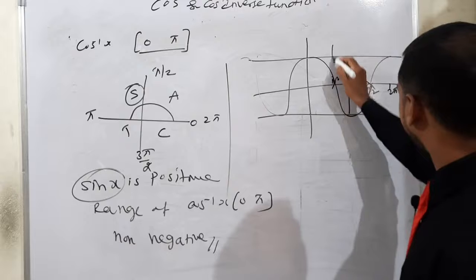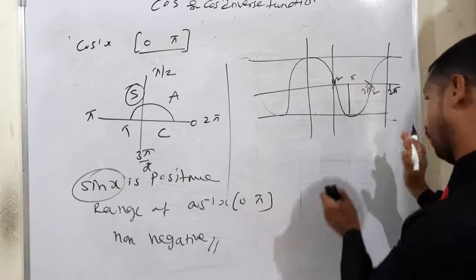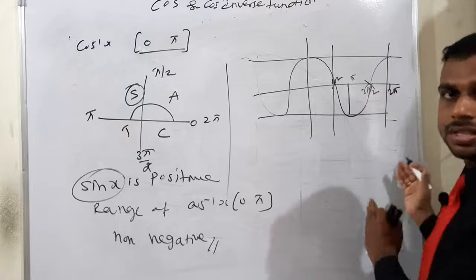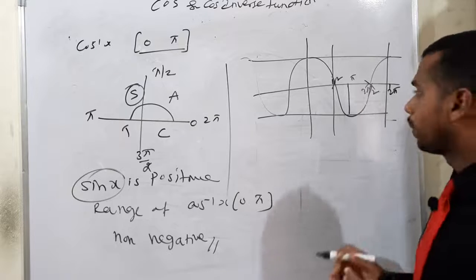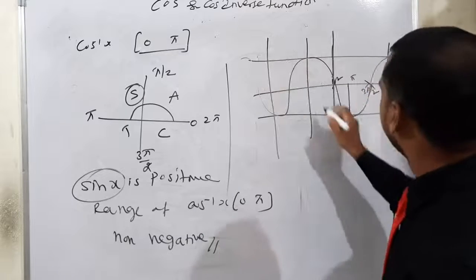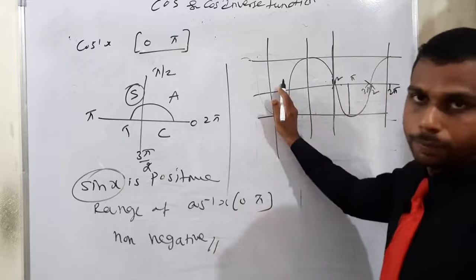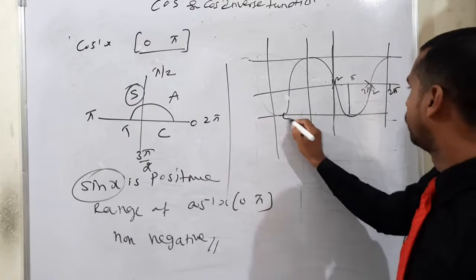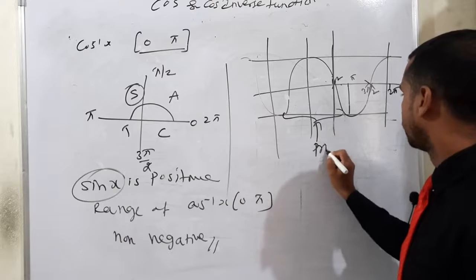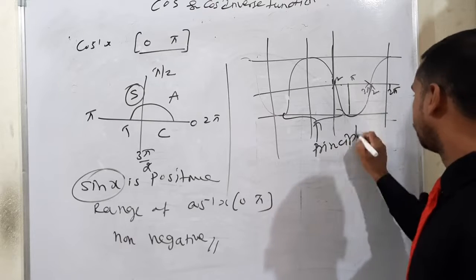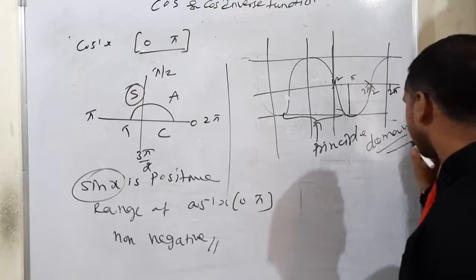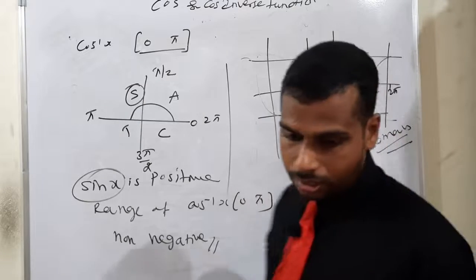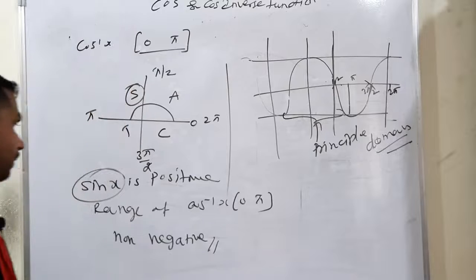If you draw the restricted domain, we can draw it continuously, but for the restricted principal domain, with the origin point, we will be meeting pi by 2 to negative pi by 2. Therefore the principal domain value is cyclic. This is the principal domain with the origin. Okay, this is also one of the important conditions. Then another important point.